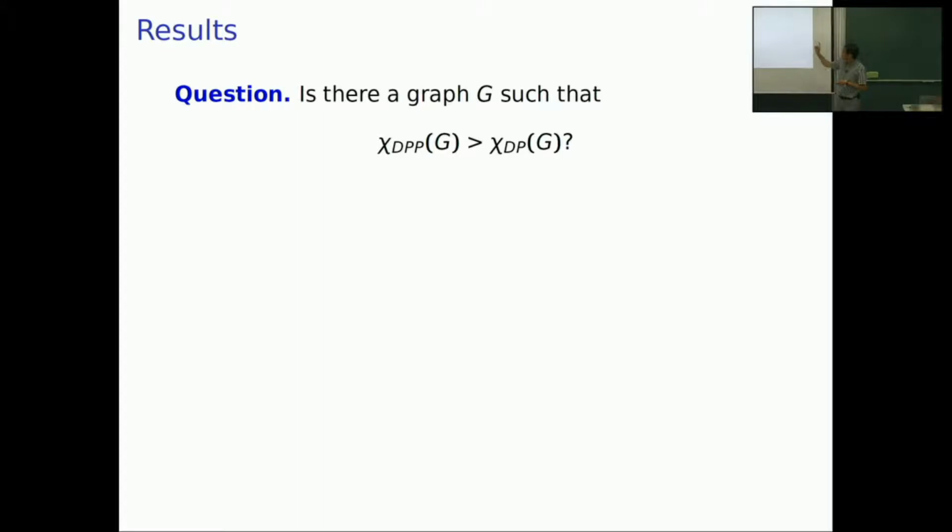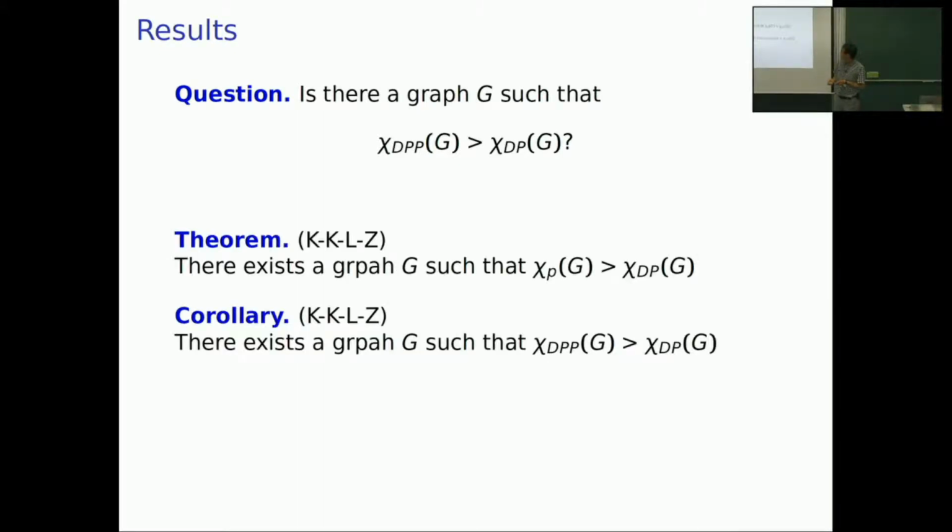But always we have this bad guy, and what is that? Actually, we are able to show that the paint number, the online coloring version, is greater than DP, and then the online DP is greater than or equal to the paint number.